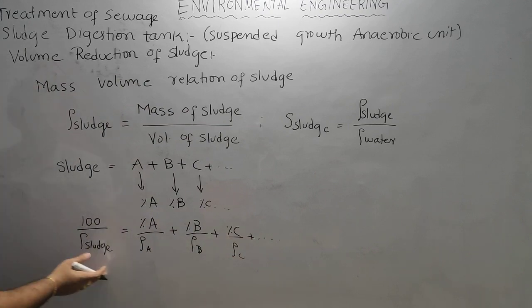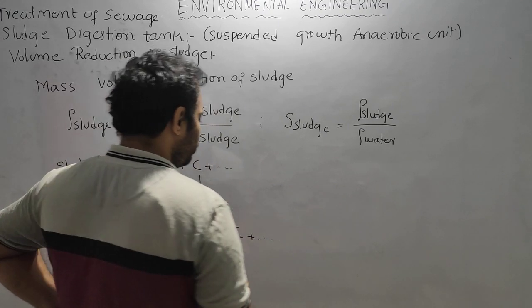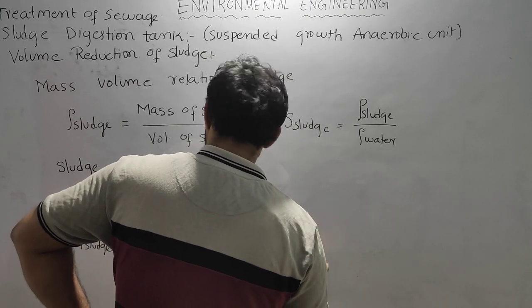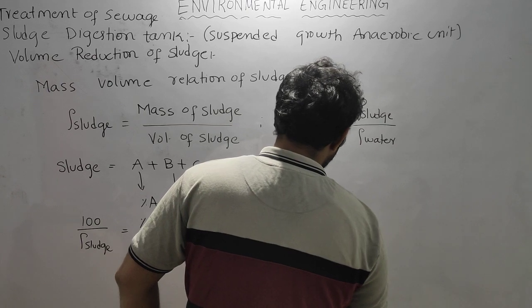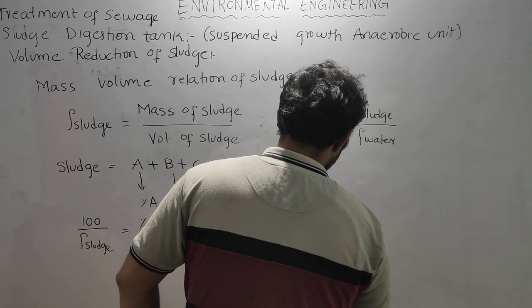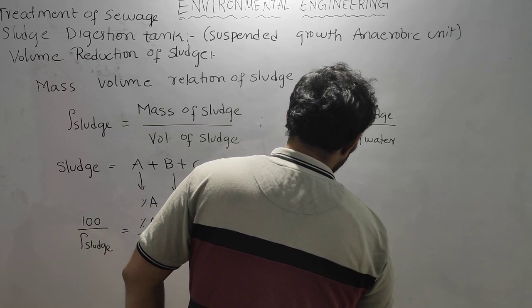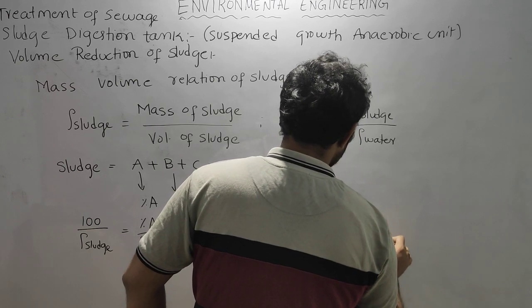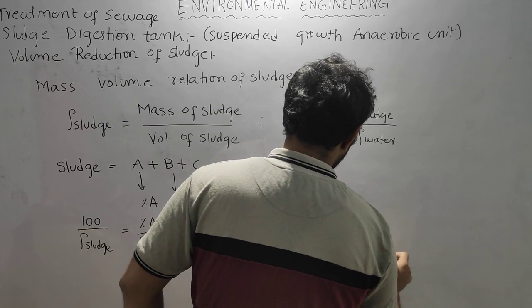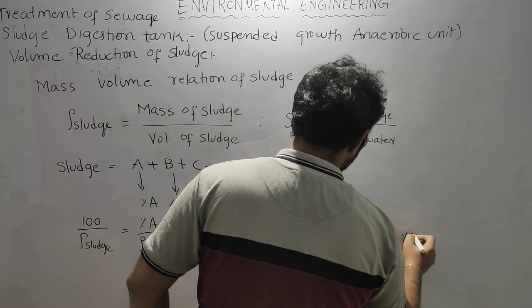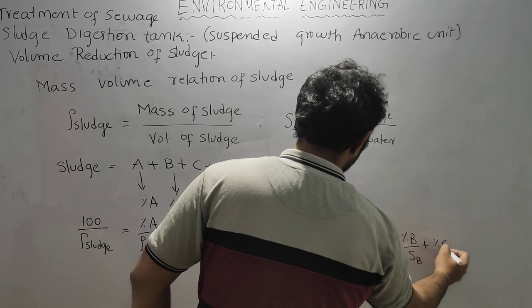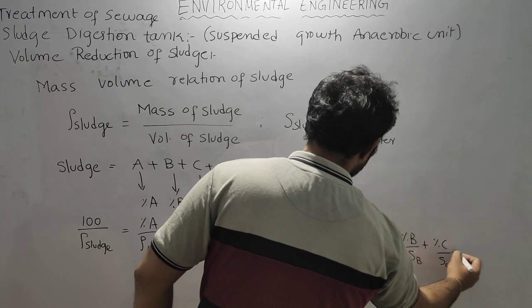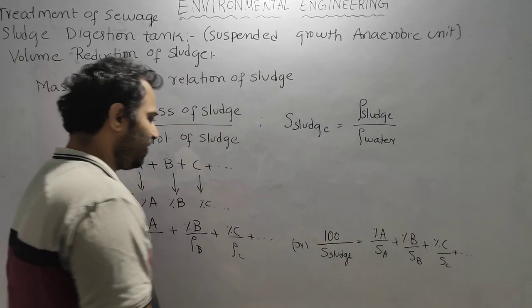Either we can write this formula like this, or we can write the formula in terms of specific gravity. The specific gravity of the sludge is given by percentage A and the specific gravity of A, percentage B and the specific gravity of B, and percentage C and the specific gravity of C. Likewise we can write the equation.